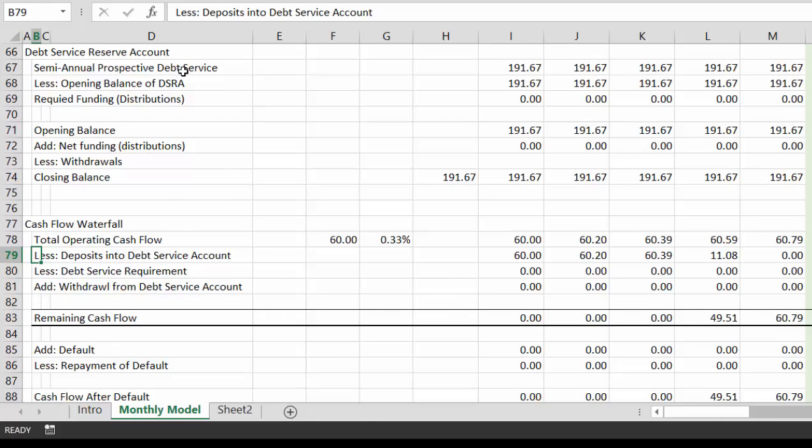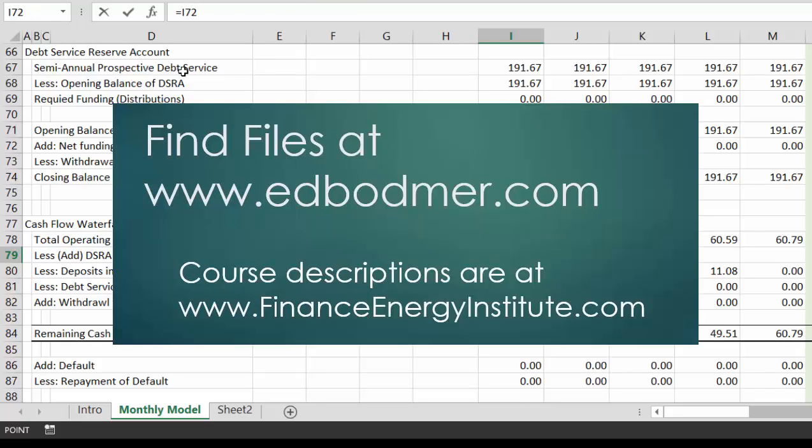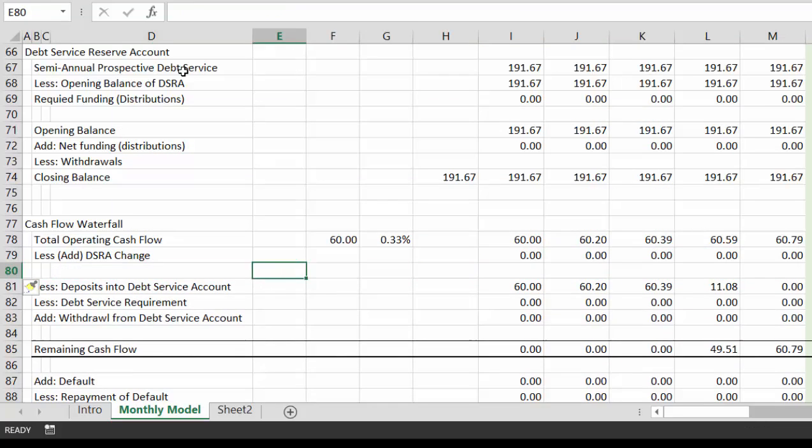Okay, so why don't we put less, or add, DSRA changes. Okay, so it's really going to be an addition, all right, and this is something completely inconsistent with what I've been telling you.